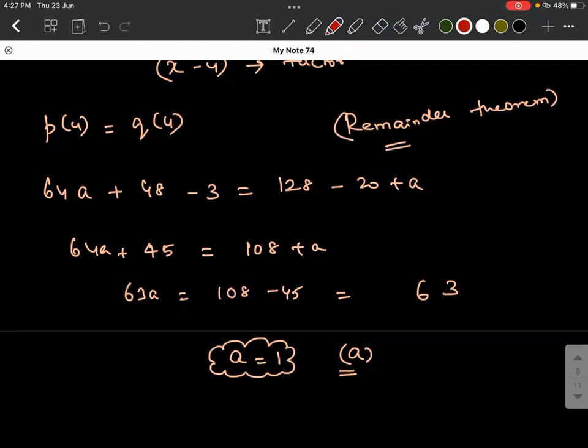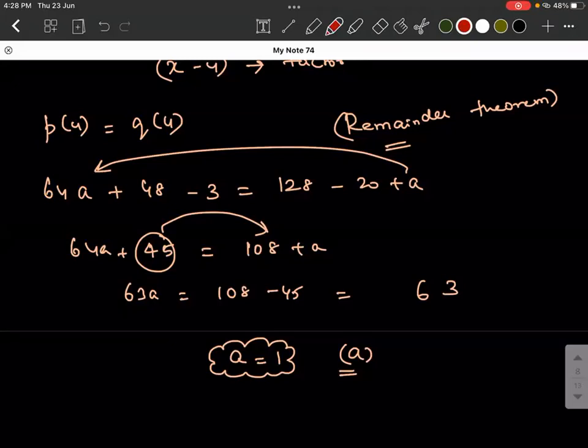For 64a, this a will go to the other side, and this 45 will go to the other side. Is that clear? So mark it as an important one.